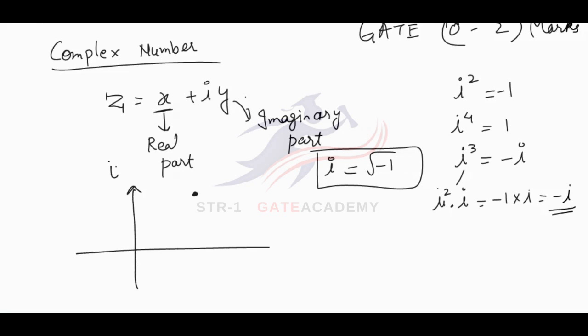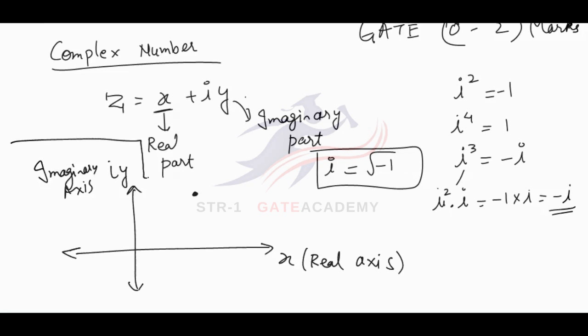This is your y axis, and this is your x axis, or we call it the real axis, and this is called the imaginary axis. Now this point is x plus iota y.